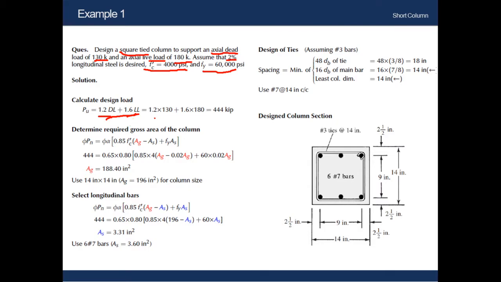So 1.2 into 130 plus 1.6 into 180 is equal to 444 kip. That means we need to design a column which can carry an ultimate load or a design load of 444 kip.